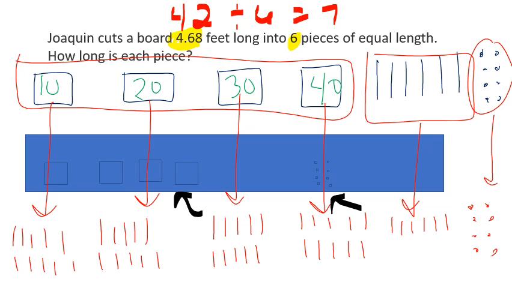So let me make a little group of 7. 1, 2, 3, 4, 5, 6, 7. And then I'll just do a group here. 1, 2, 3, 4, 5, 6, 7.